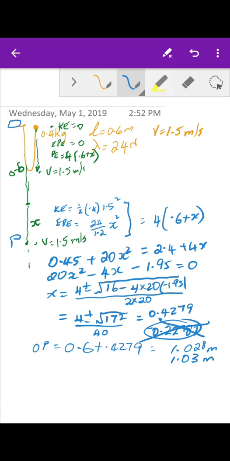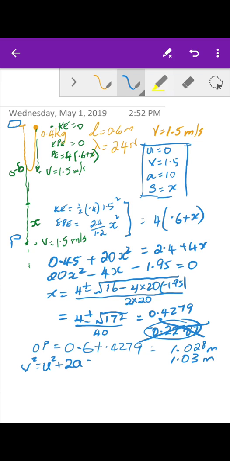And the other distance was just when it falls. So it drops at 0, velocity is 1.5, acceleration is 10, and its displacement is what we want. And so from these figures, let's use v squared equals u squared plus 2as.